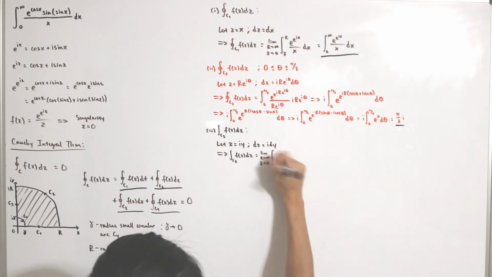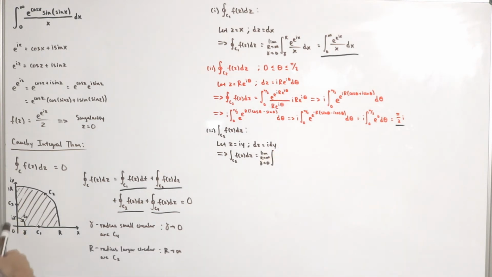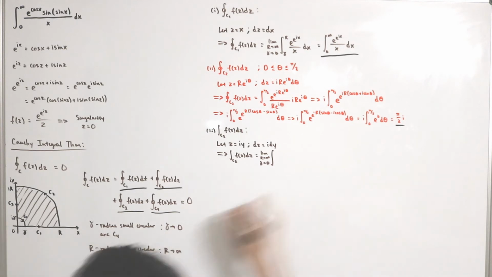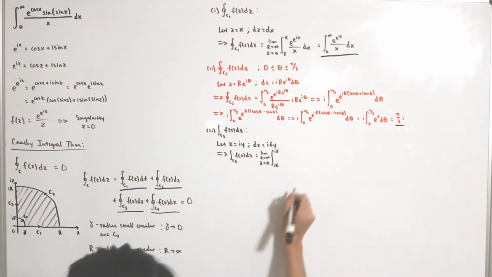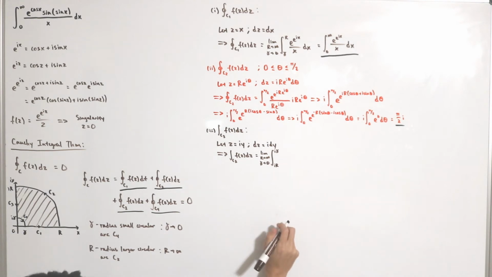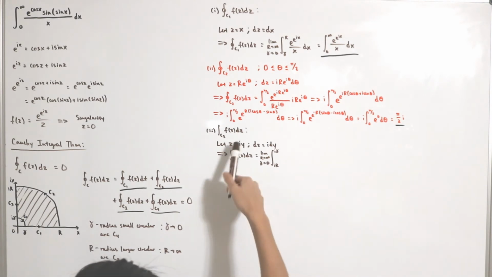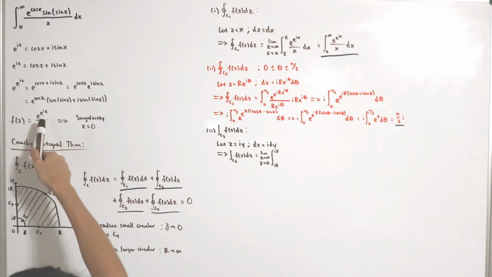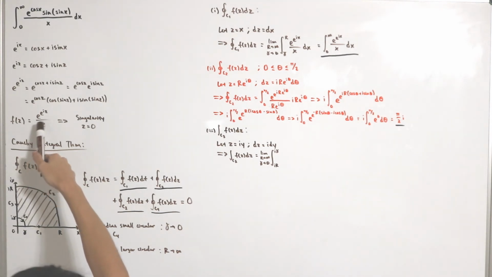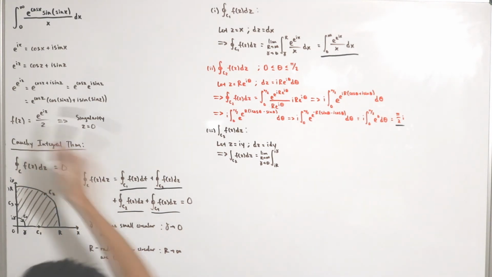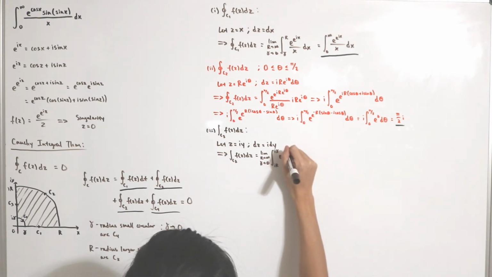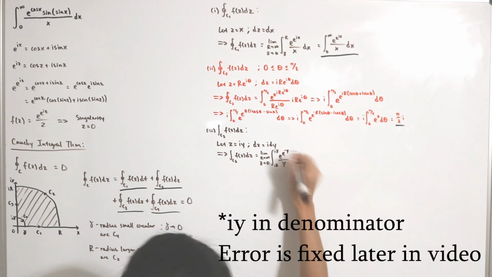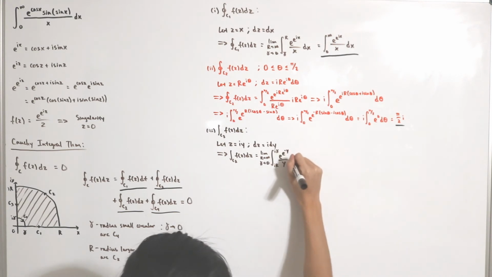This is going along the curve from iR to i gamma, so iR is our lower bound and i gamma is our upper bound for this contour integration. We substitute z back in, so e to the i times iy is e to the power negative y, divided by y, and then multiplied by i dy.